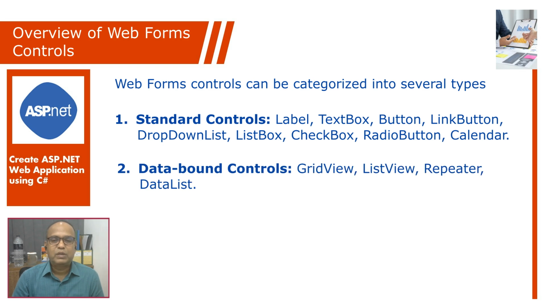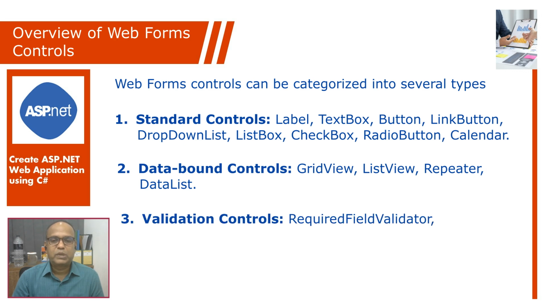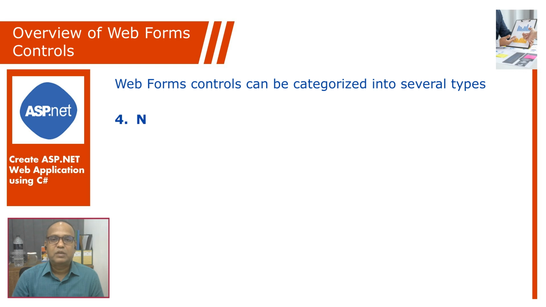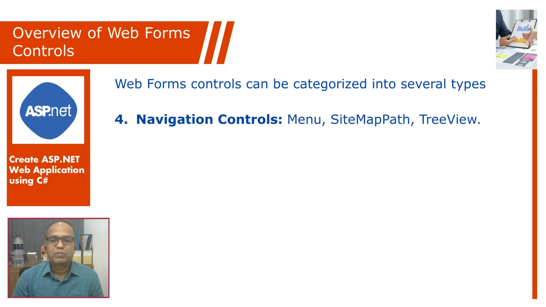Grid view, list view, repeater, data list. Number 3, validation controls. Required field validator, range validator, regular expression validator, custom validator, validation summary. Number 4, navigation controls. Menu, site map path, tree view.